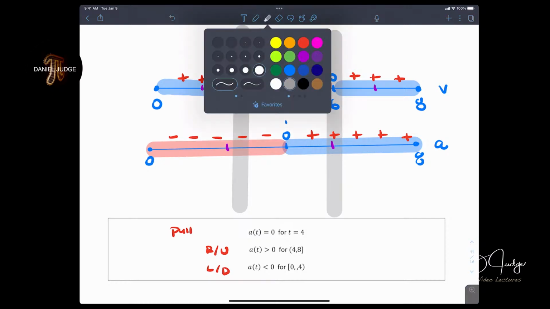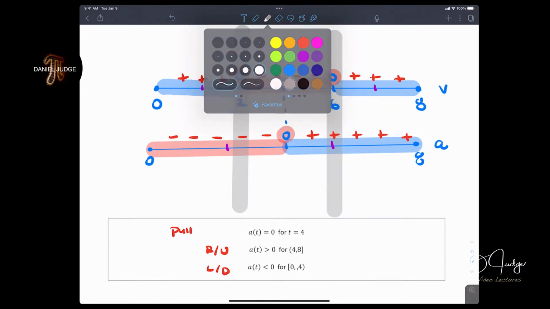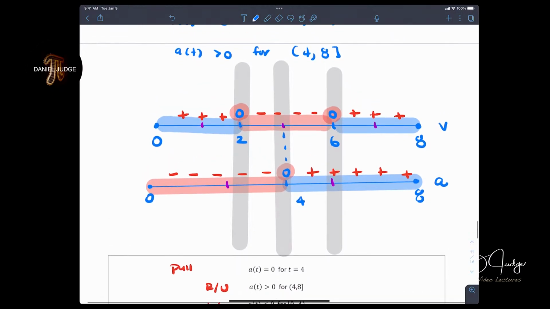And you did it along this zero, this zero. But remember, this location was 4. Okay? So this is what I'm describing here. This is your velocity and acceleration here.